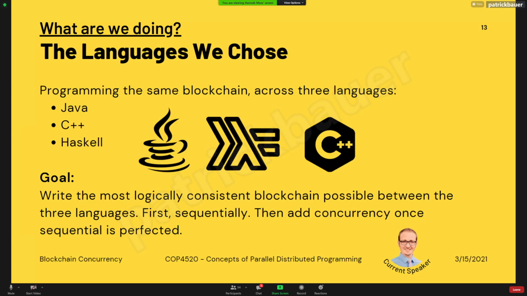If we're not consistent about how we implement them, despite any of the nuances of the language, then it doesn't really offer us any meaningful data when we compare performance. So the idea is that first we will implement the sequential version for each language, and then we'll implement concurrency once we've perfected that.